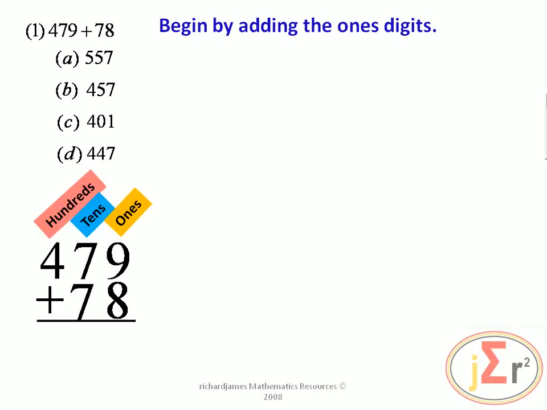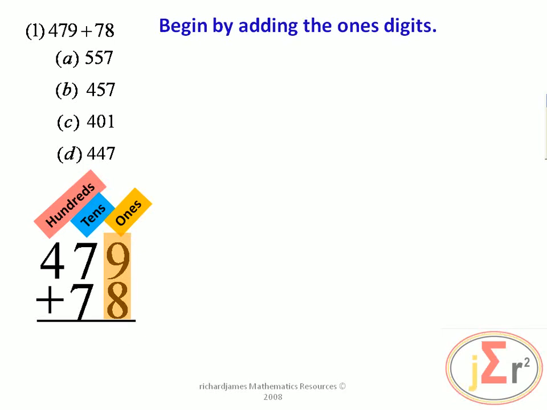Begin by adding the ones digit. When we are adding numbers, we add the digits to the extreme right first. So those digits that are to the right are the ones that we will add first. Therefore, Jerry, what digits do we add first? 8 and 9. Right, so we'll add those, 8 and 9.